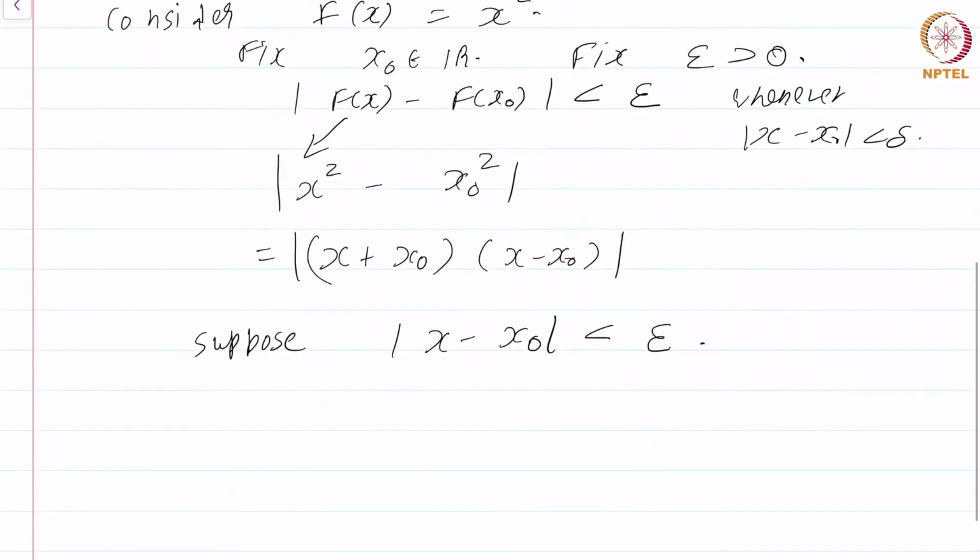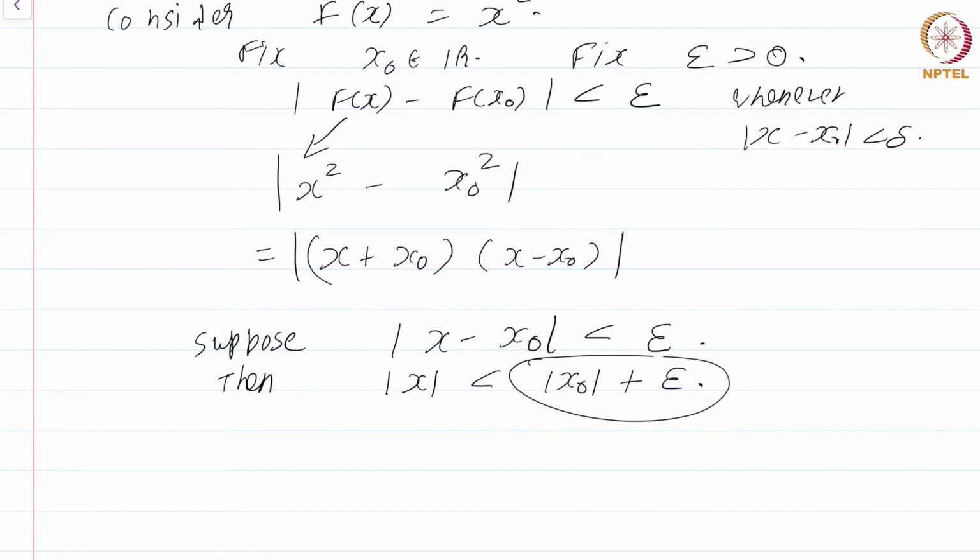Then mod x is less than mod x naught plus epsilon. Now I make a statement: we may assume epsilon is less than 1.